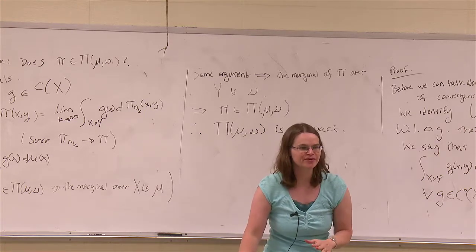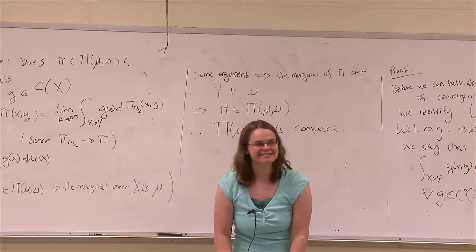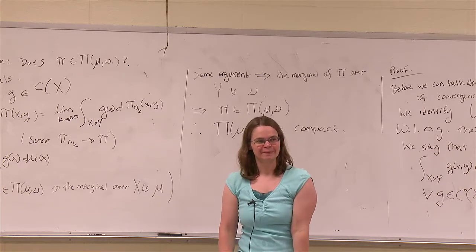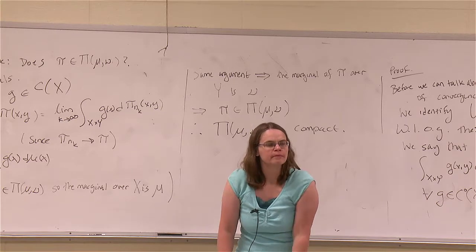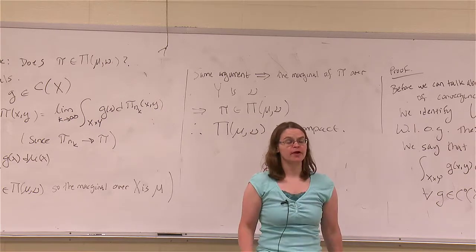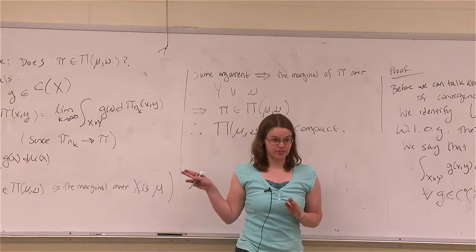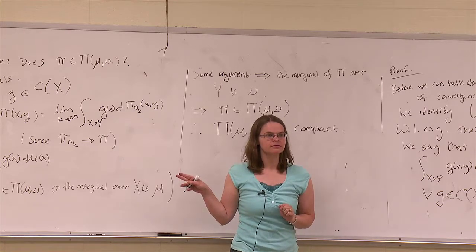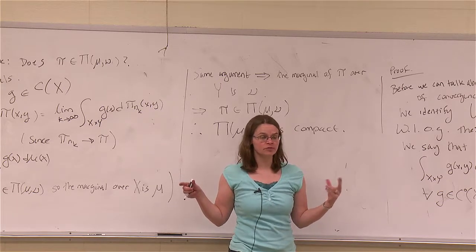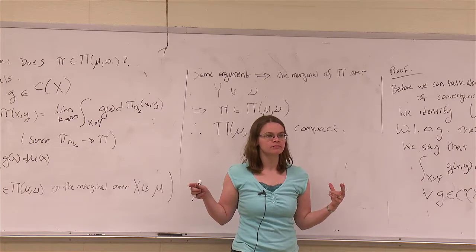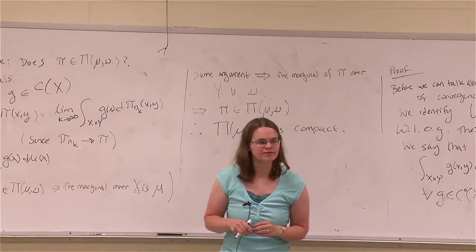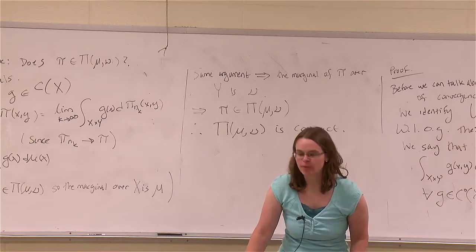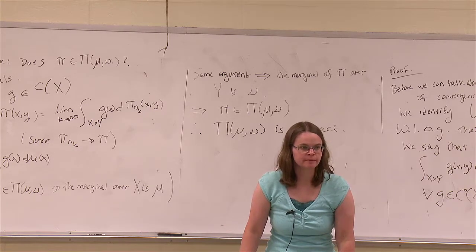You look like you don't quite believe me. No, because I'm trying to think whether you get blow up at the boundary. On the boundary, these aren't density functions, so we could have Diracs. I'll think about it. These are probability measures, so at the boundary you're not going to have blow up.